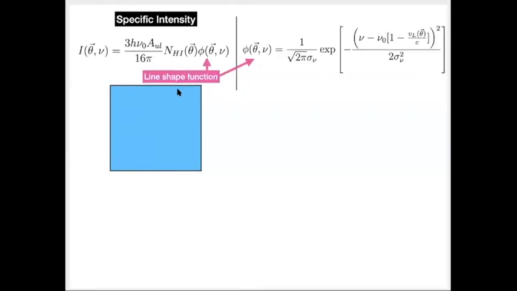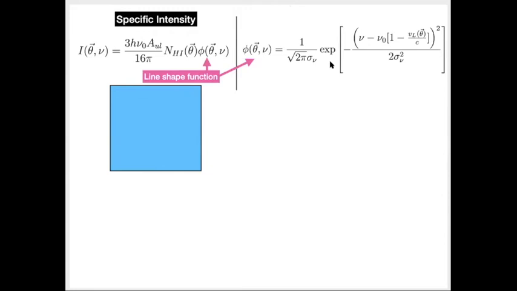Now, if I look at the line shape function, it can be written this way. This is a simple model for the line shape function. It will work for us. It's a Gaussian line shape function. If I integrate the entire line shape function over nu, I will get just unity. It's normalized so that it happens.